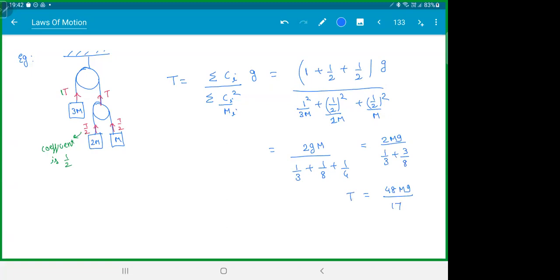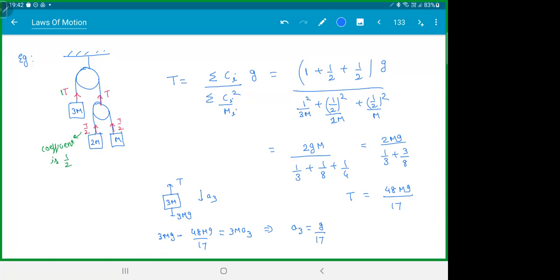This is the tension in the string. Once the tension has come, tension 3 mg. Acceleration: 3 mg minus 48 mg by 17 is equal to 3m a3. You get a3 is equal to g by 17.